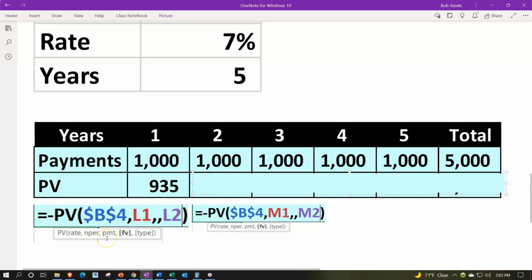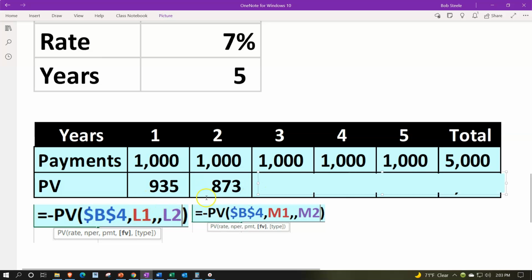And then comma, we've got the payment, which is no payment, 2 commas, because this is not a present value of annuity, but present value of 1. And then we're picking up the future value, which is that 1,000, discounting it back 1 year at 7% to 935.